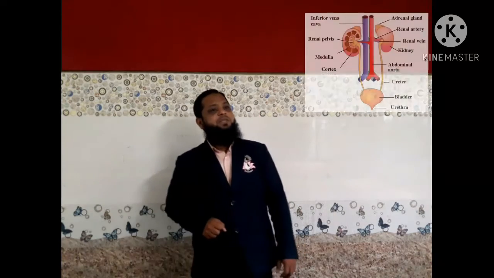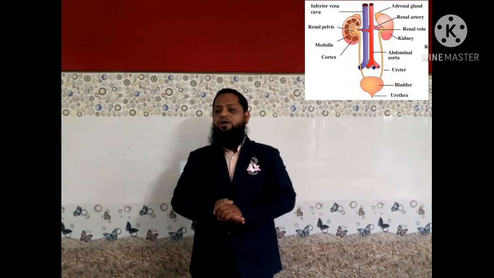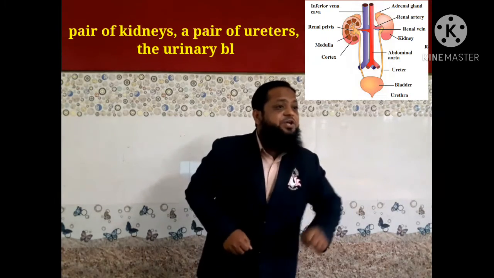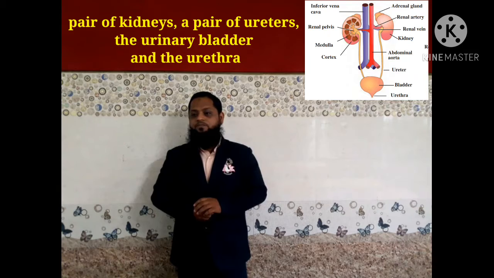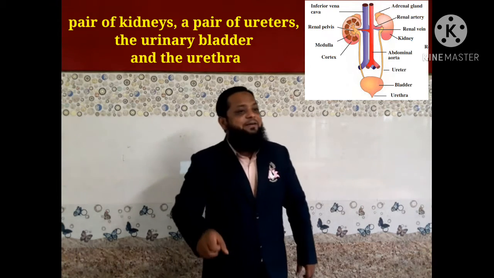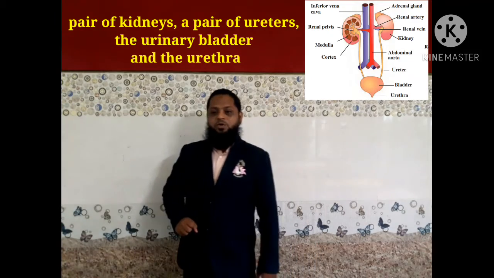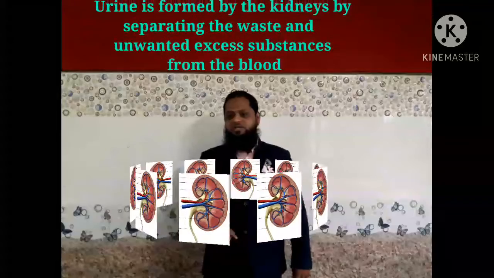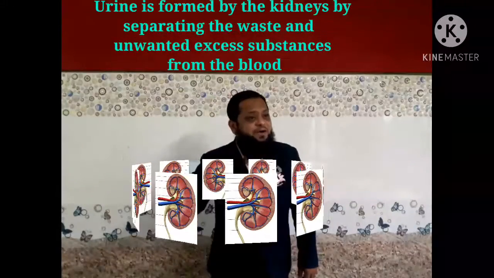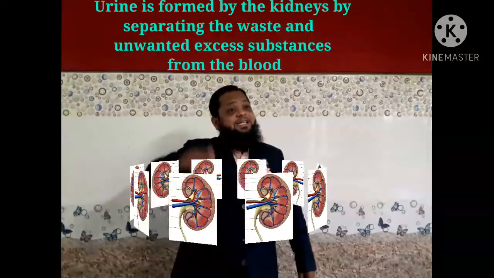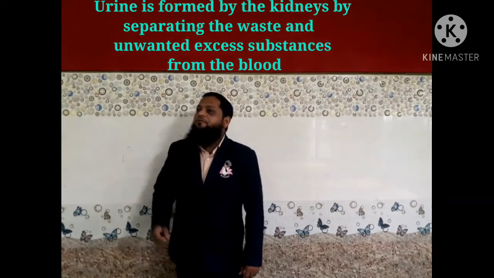The excretory system consists of a pair of kidneys, a pair of ureters, the urinary bladder and the urethra. Urine is formed by the kidneys by separating the waste and unwanted excess substances from the blood.